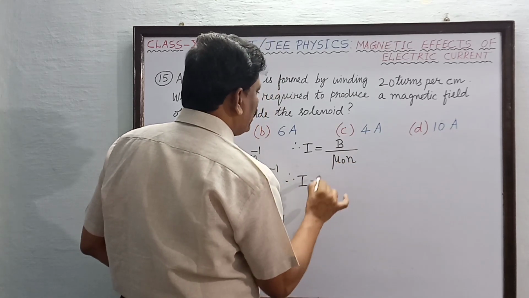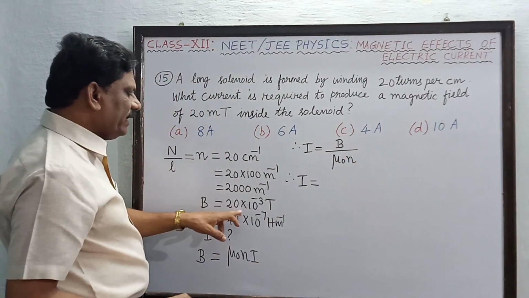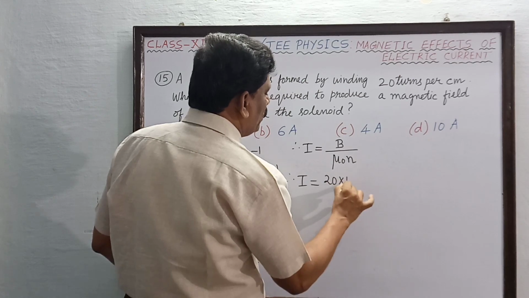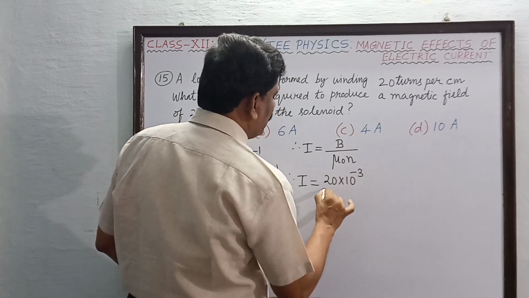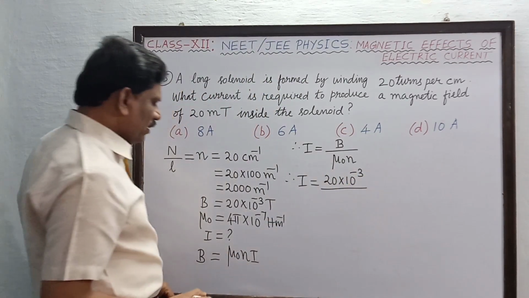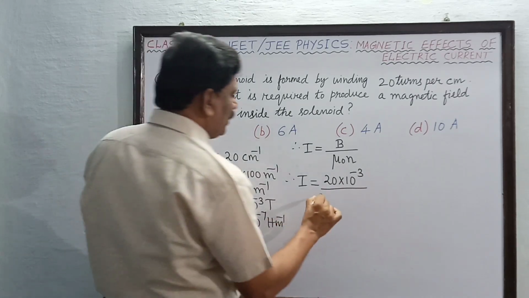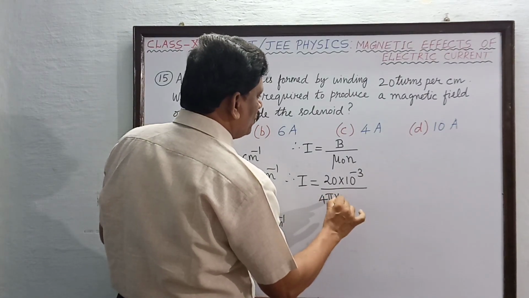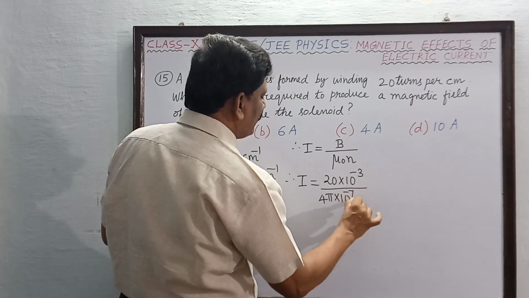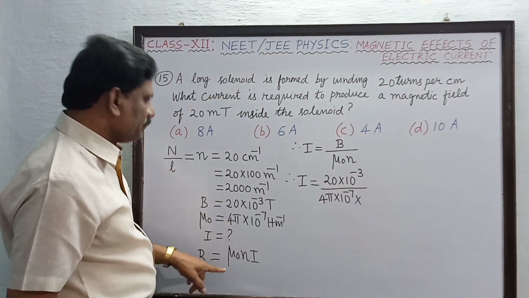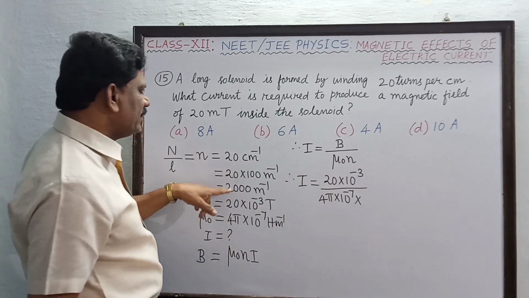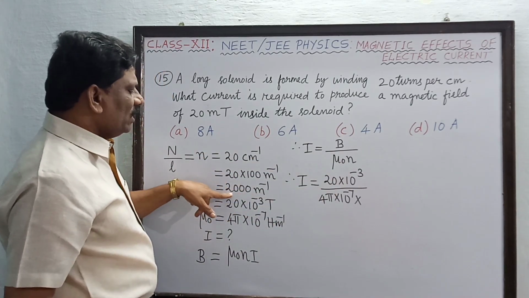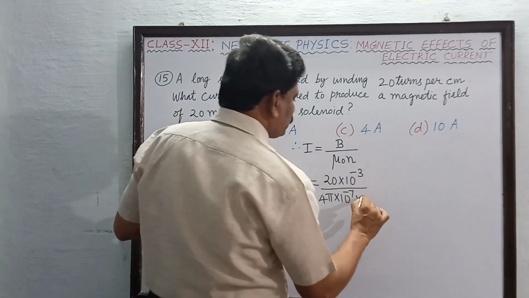Therefore, I is equal to B, which is 20 into 10 power minus 3, divided by 4 pi into 10 power minus 7 multiplied by small n. Small n is 2000, which can be written as 20 into 10 power 2.